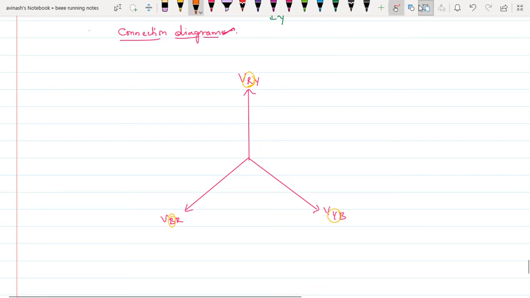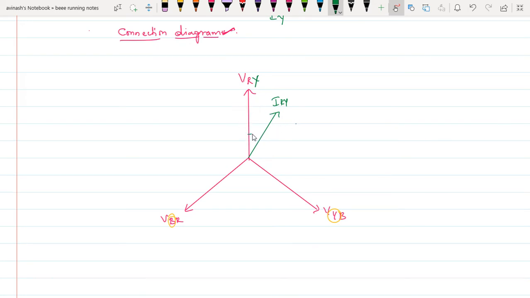Now, for the corresponding voltage VRY, we get the corresponding current IRY.